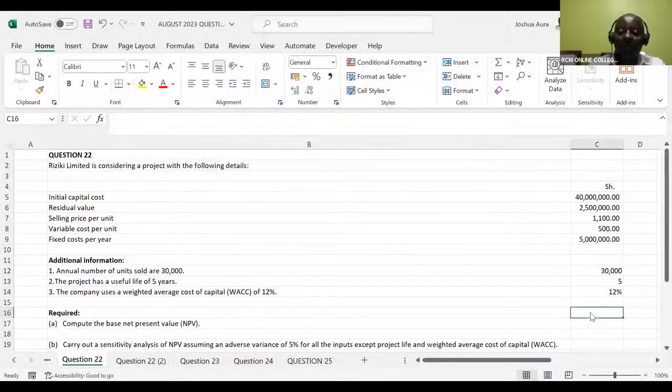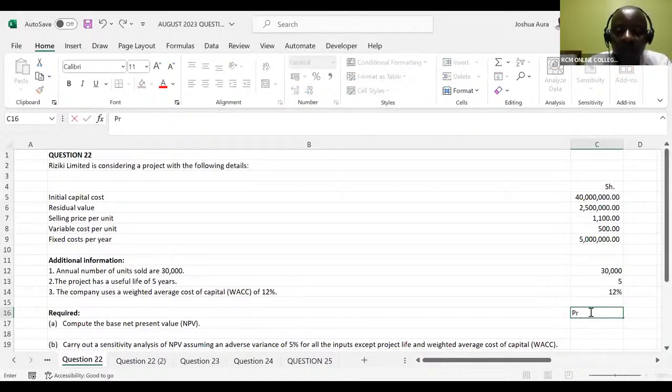There is a very important formula that I must always remind you of.